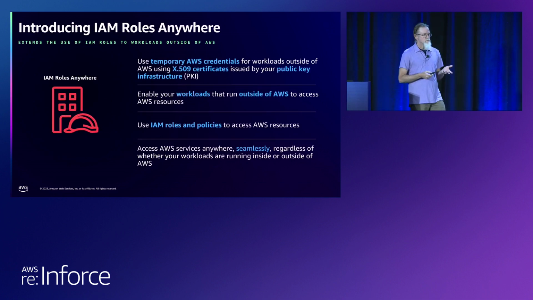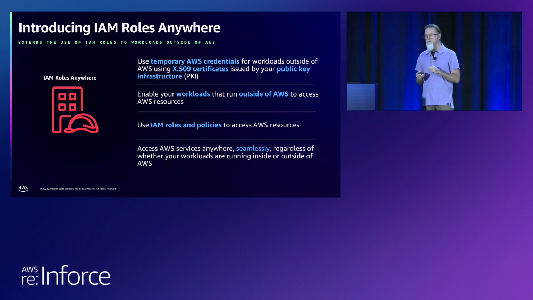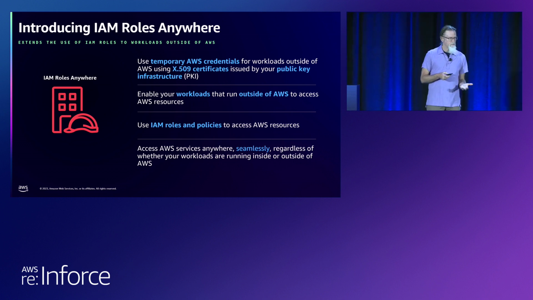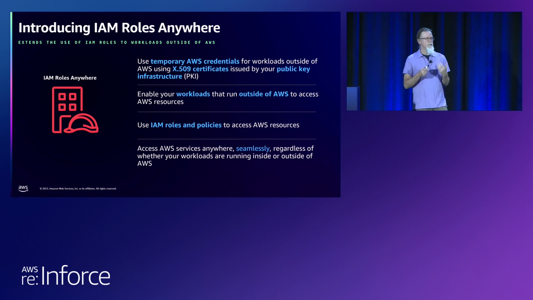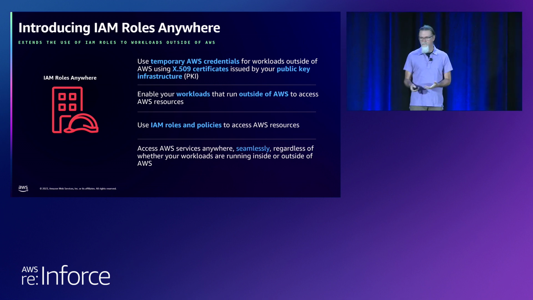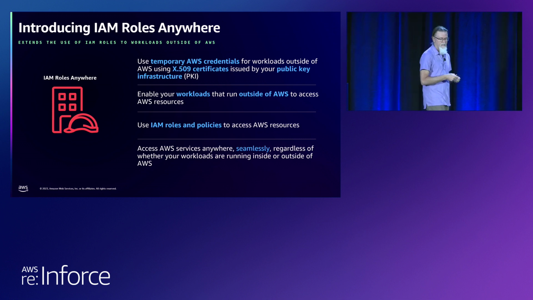At its core, IAM Roles Anywhere is a mechanism to use temporary AWS credentials from outside of AWS. I'm not talking SSO. I'm talking about the same way that when you're in AWS, you run an EC2 instance and you get an instance profile and a role, or you run a Lambda function or an ECS container, and that compute has credentials provided to it by AWS.